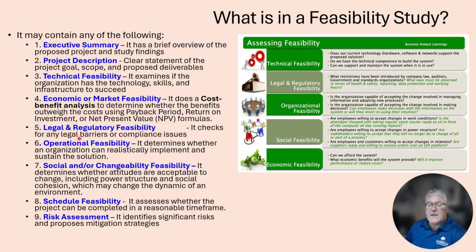It checks for any legal barriers or compliance issues. Next, your operational feasibility determines whether an organization can realistically implement and sustain a solution. Social and changeability feasibility. It determines whether attitudes are acceptable to change, including power structure, social cohesion, and any dynamics changes that need to occur.